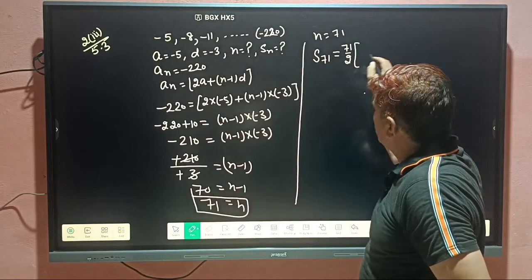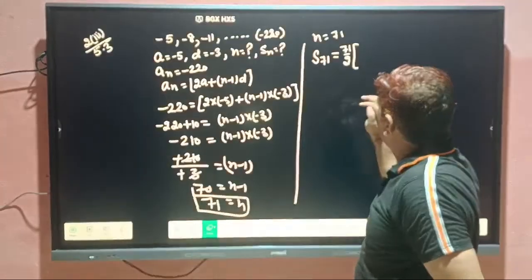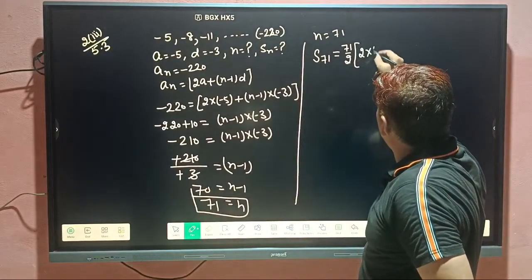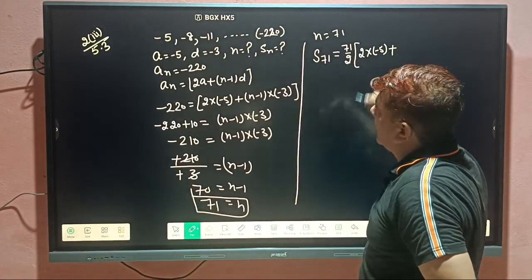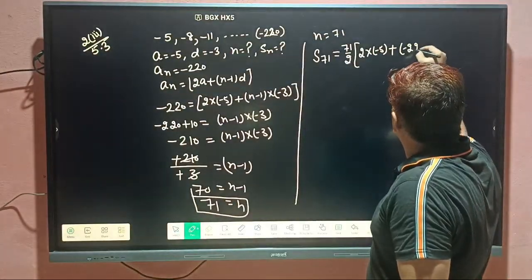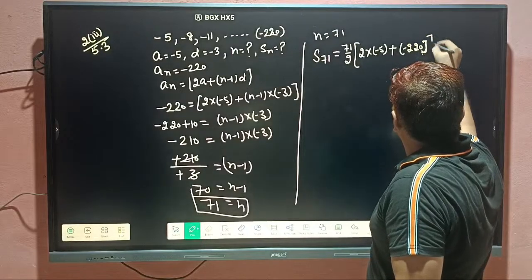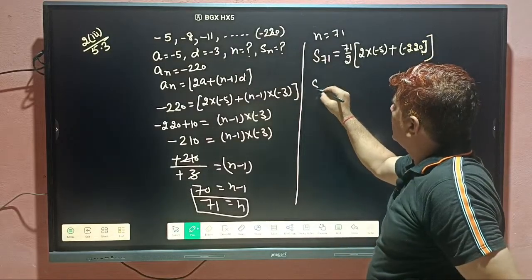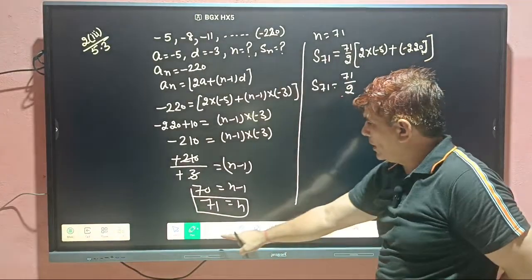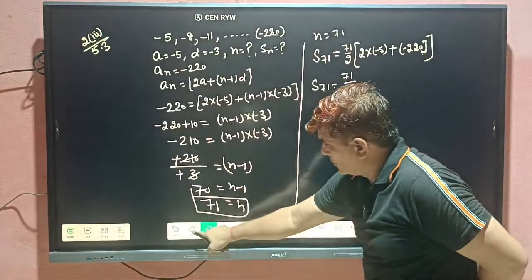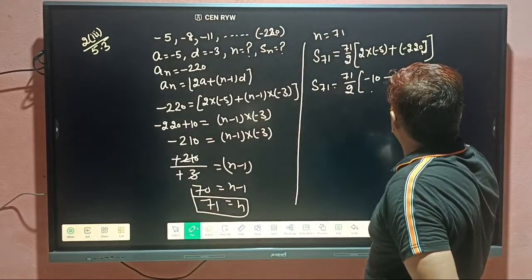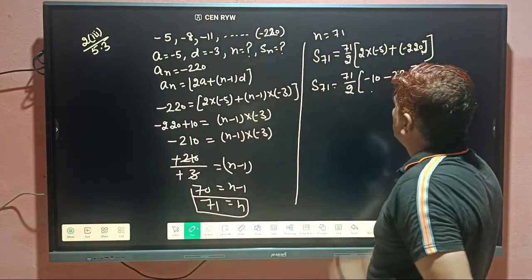Directly I am writing without the formula; you know the formula. 2a, what's your a? Minus 5. Plus a_n. What's your a_n? Minus 220. So solve it. S71 equal to 71 by 2, this minus 10, this minus 220. So what becomes?